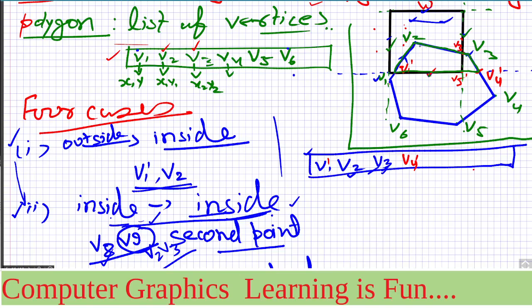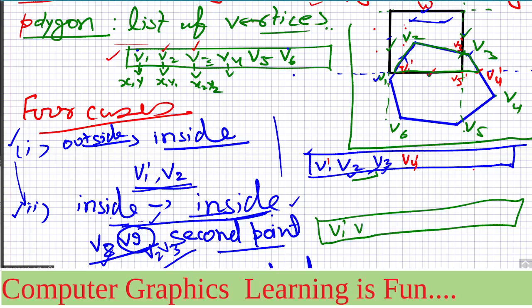However, for this line V2, V3, you will have to find an intersection here, which is V3 dash, and you will store it. So the new list will be something like V1 dash, V2, and V3 dash, and then the other line V3, V4 dash is totally outside the boundary.